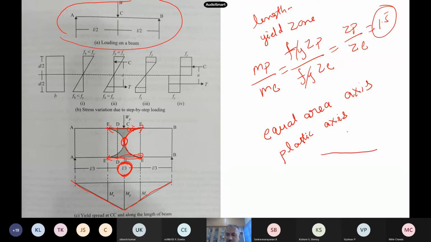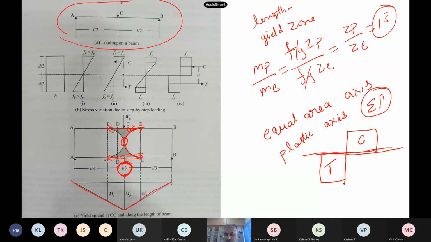It may coincide with the neutral axis for some cross sections, but the area above and the area below has to be the same, because the force equilibrium has to be satisfied.